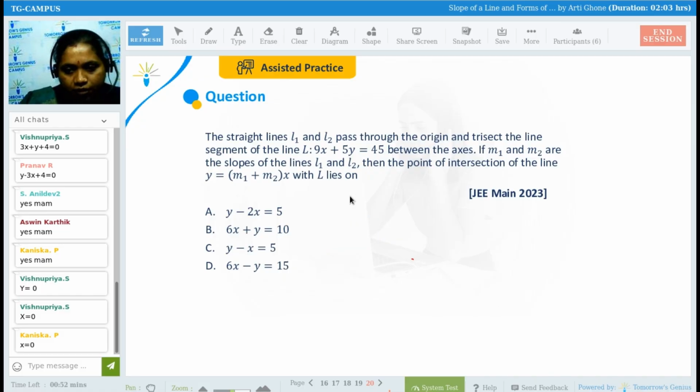If I take a quadrant, this is the x-axis, this is the y-axis. Then we have the line and a trisection geometry. This one is L1 and this one is L2. Clear? So how I am doing, pay attention.